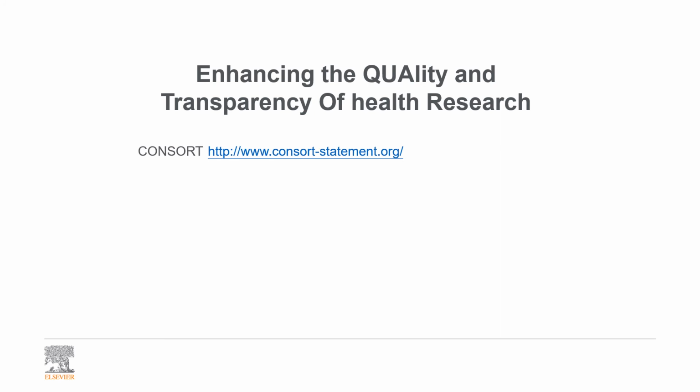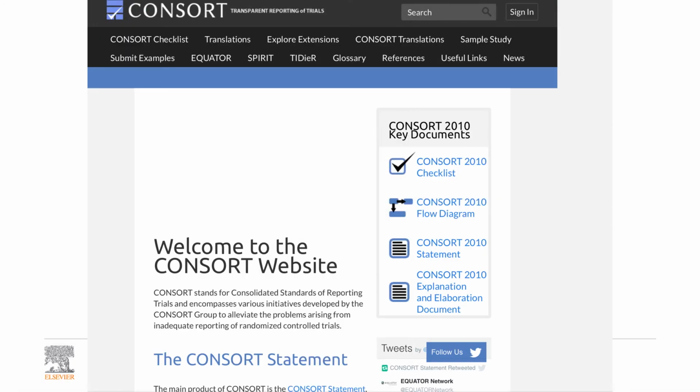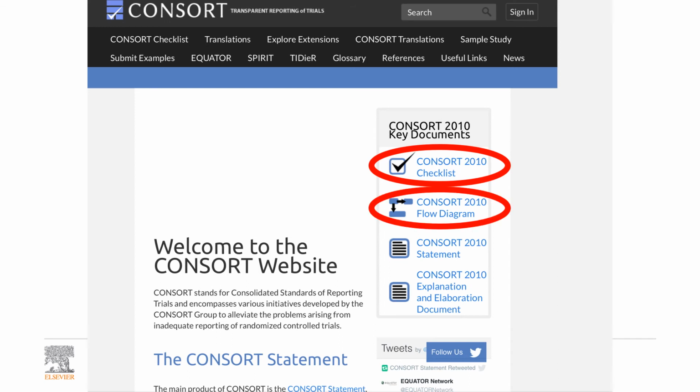First, I want to look at the CONSORT guidance. You can go straight to CONSORT through Google or through the Equator network. The CONSORT guidance is about the transparent reporting of clinical trials. And here you find 2 important documents, the CONSORT checklist and the CONSORT flow diagram.